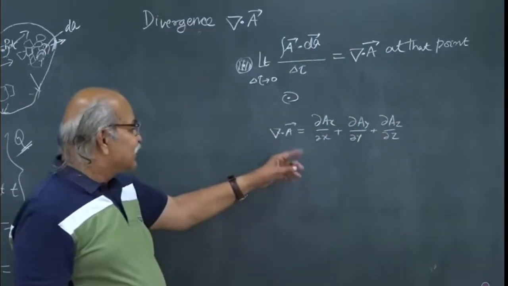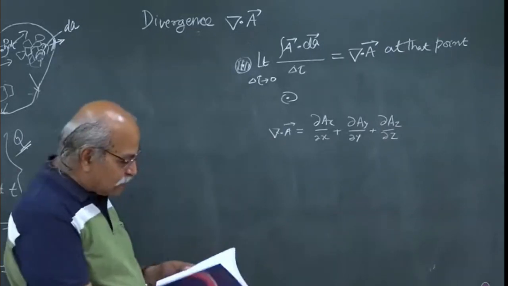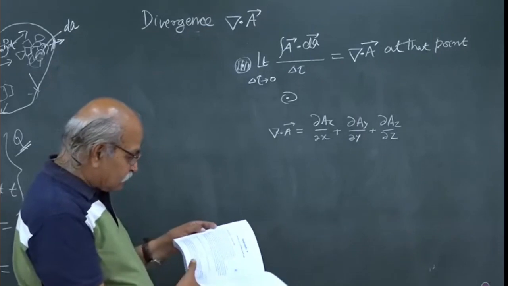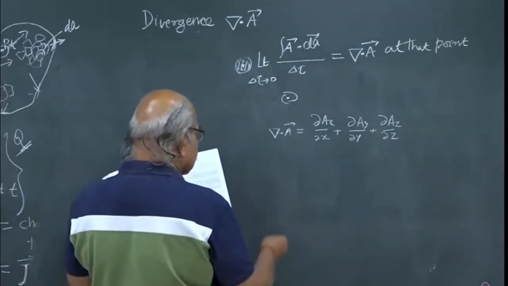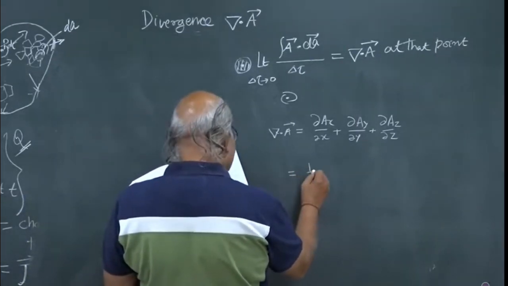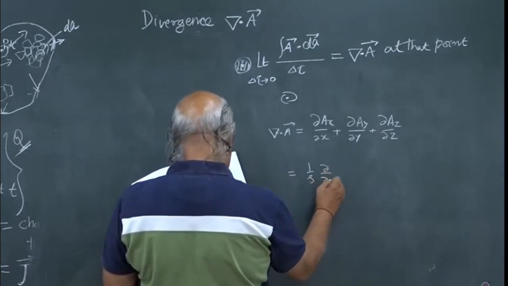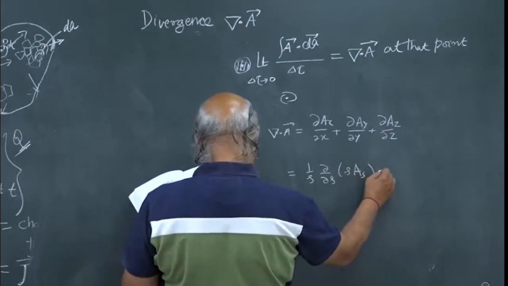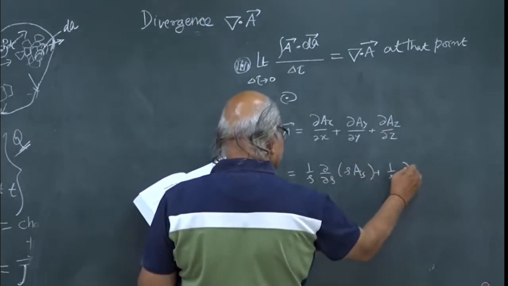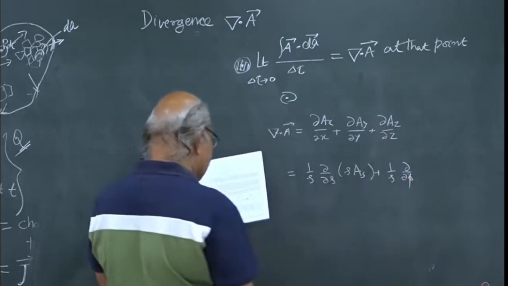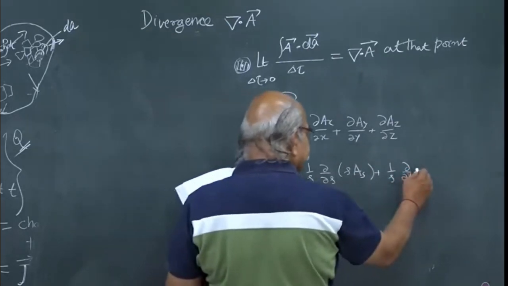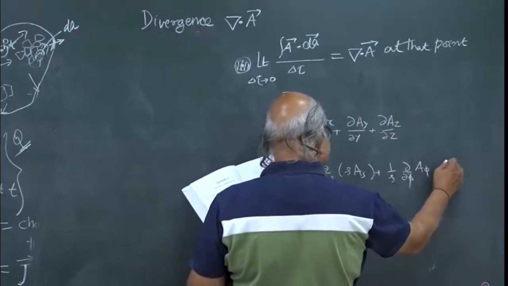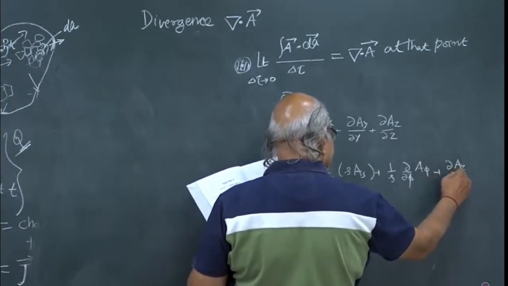And if you are using cylindrical coordinates, then it is 1 over S del S of S AS, plus 1 over S del phi of A phi, plus del AZ del Z.